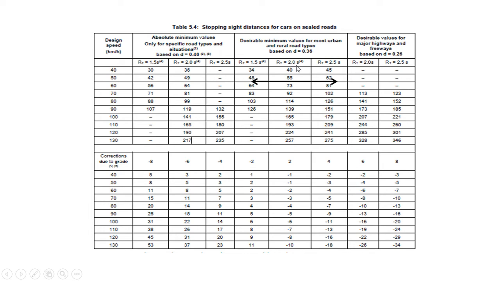Ideally, if you choose 2.0 as the standard reaction and perception time for your design, you can have a maximum sight distance of 55. It is good to have the length of the curve be a minimum of 55 if possible, or greater.